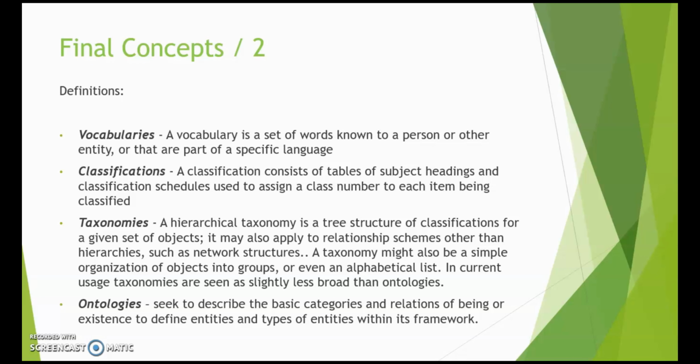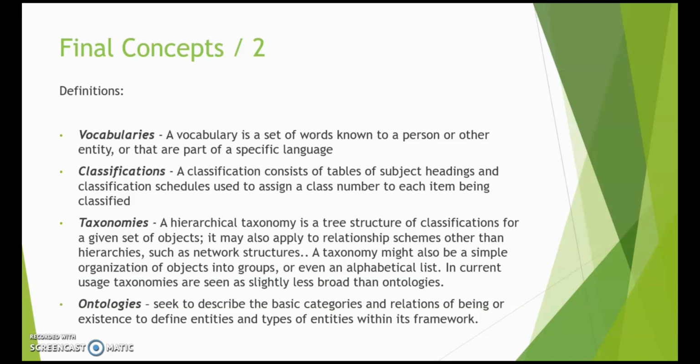Classifications. A classification consists of tables of subject headings and classification schedules used to assign a class number to each item being classified, to put it in a class, in a structure. Now, this is already more complex because we have the ability to recognize multiple concepts becoming members of each class. Taxonomies. A hierarchical taxonomy is a tree structure of classification for a given set of objects.